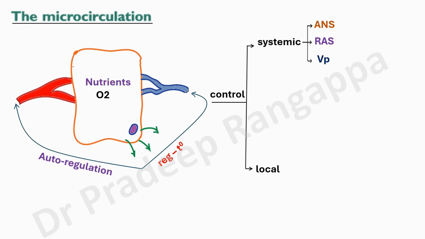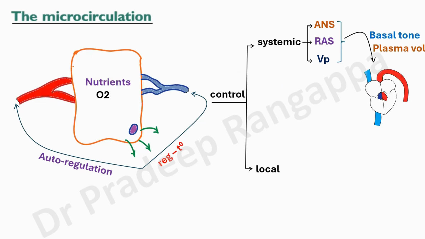These are determined by the basal tone of the cardiovascular system and the plasma volume, which maintain the sanctity of the autonomic nervous system, renin-angiotensin system and vasopressin.